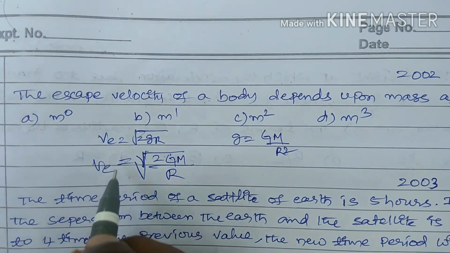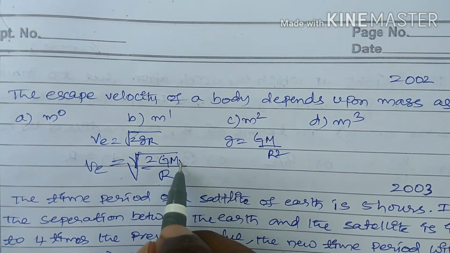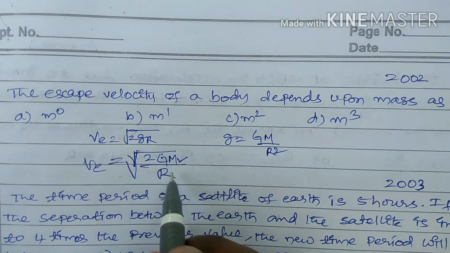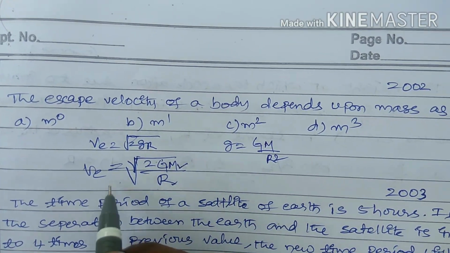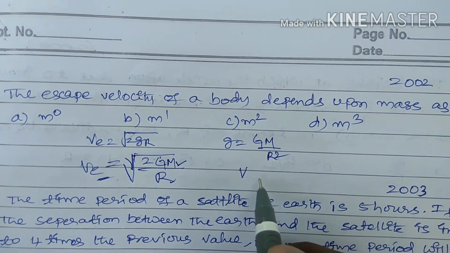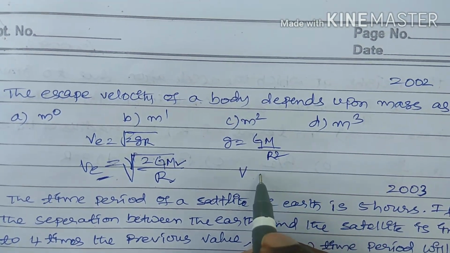So here also there is no mass of the body. Here M is the mass of the earth and R is the radius of the earth, and G is the universal gravitational constant. Hence the escape velocity does not depend on the mass of the body.